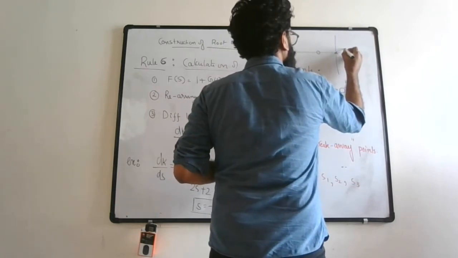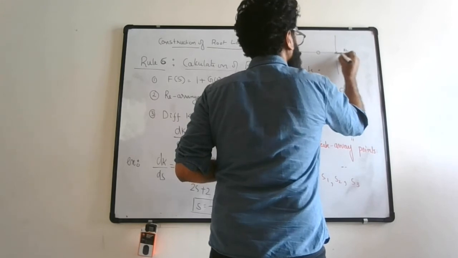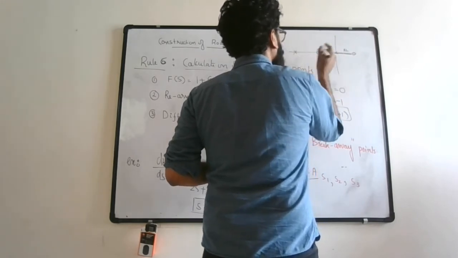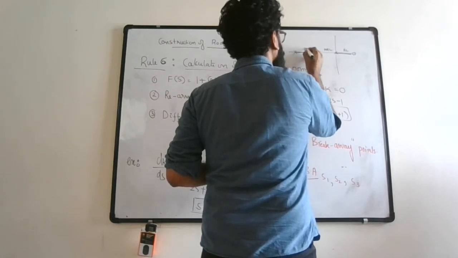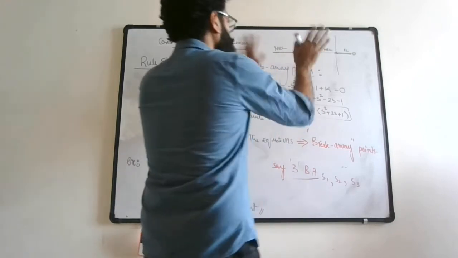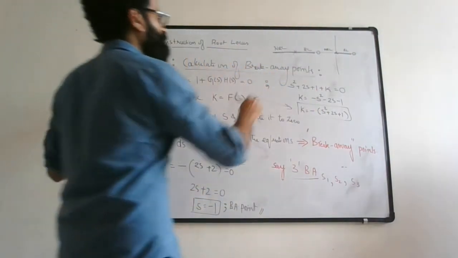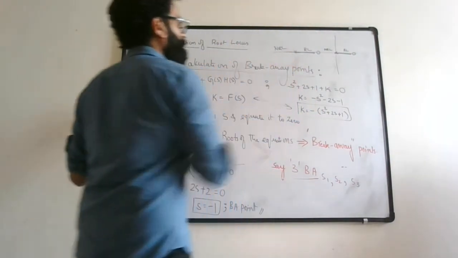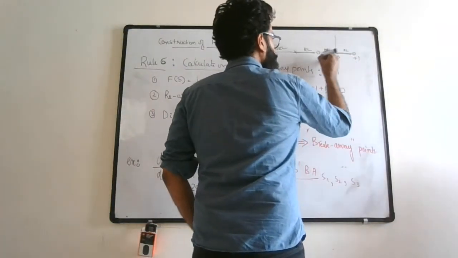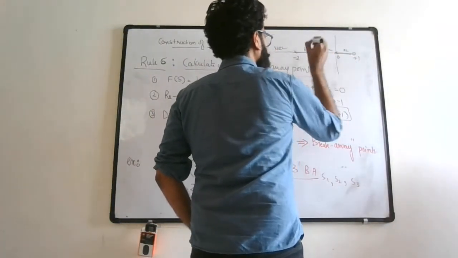This is RL, because odd, and this is NRL, and this is RL, and this is NRL. Let's say the poles and zeros are at plus 1, the origin, minus 1, and minus 2.